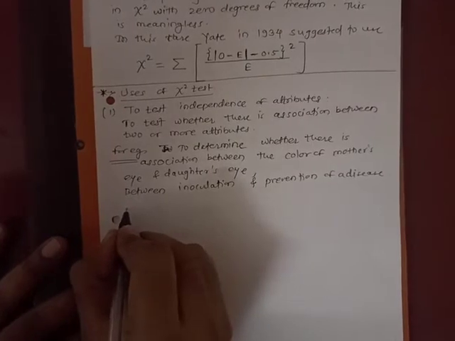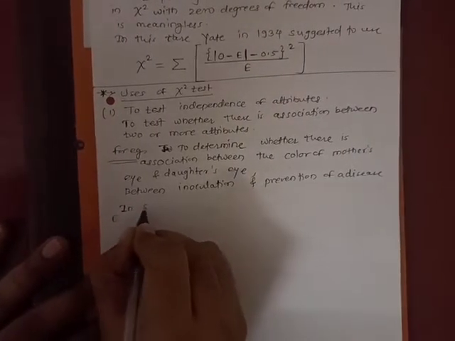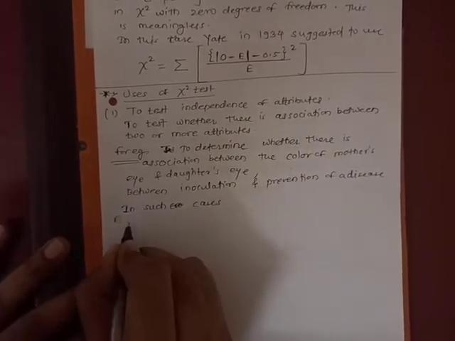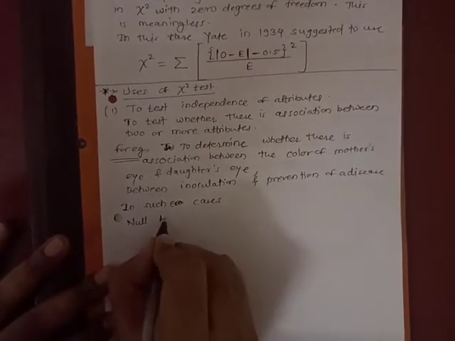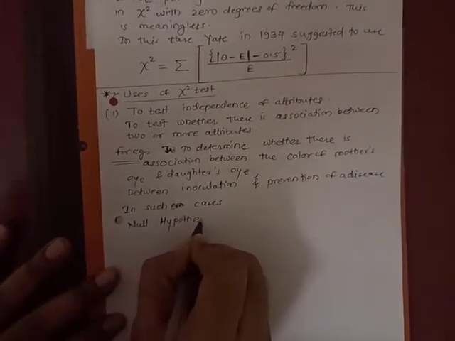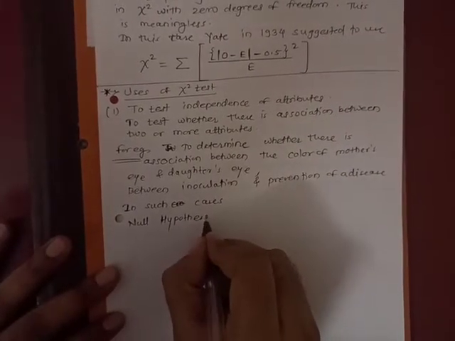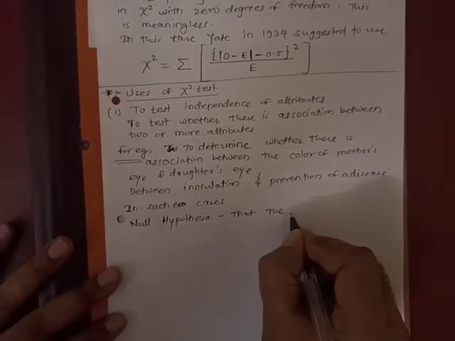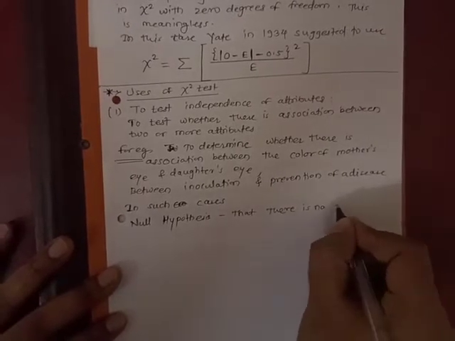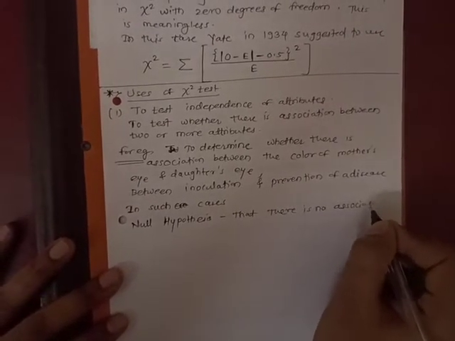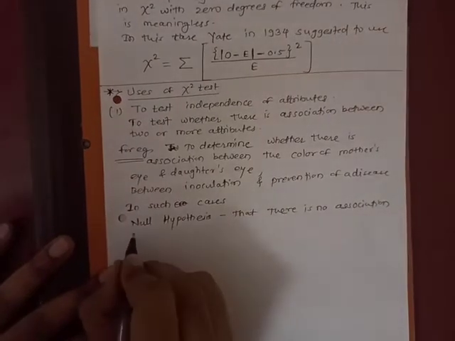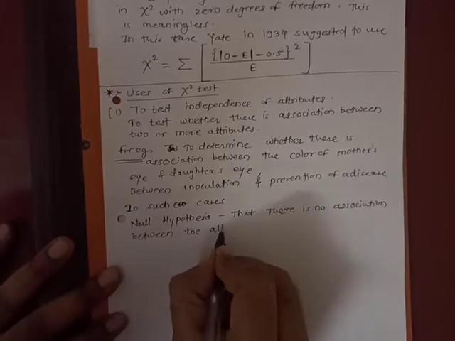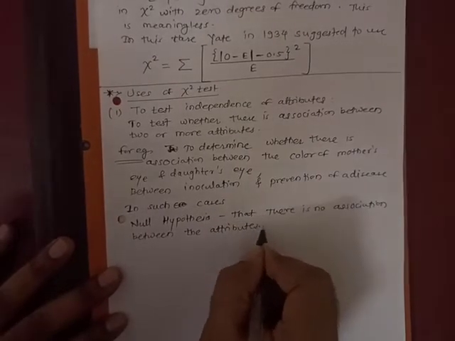Null hypothesis कैसे define होगा in this case? In such cases, the null hypothesis is that there is no association between the attributes, right?